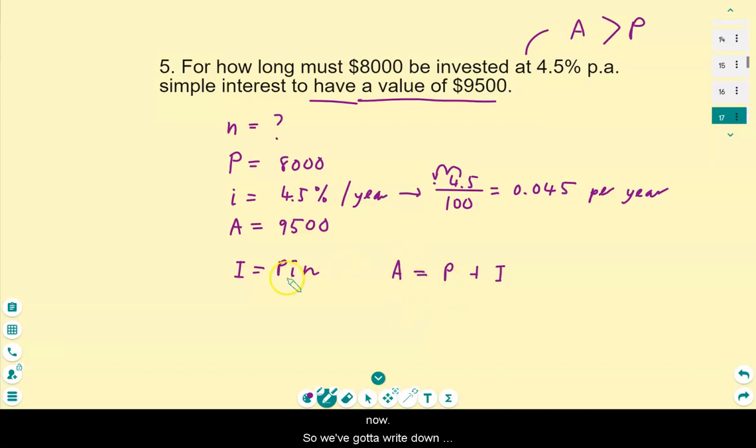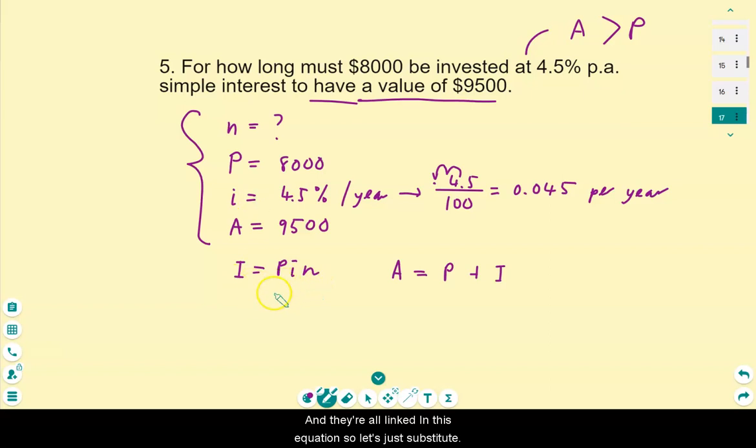So we've got to write down any possible formulas. Now let's read the question again since I've interrupted so many times. For how long must $8,000 be invested at 4.5% per year simple interest to have a value of $9,500? All right. So again, looking at this, we've got 4 variables and they're all linked in this equation.